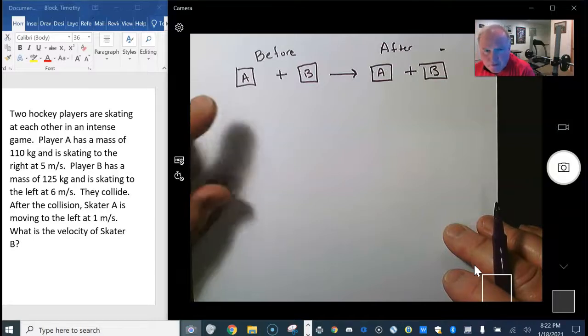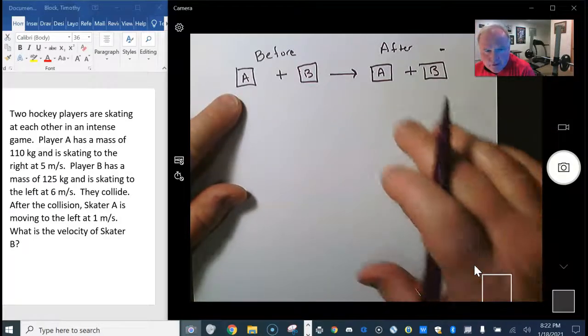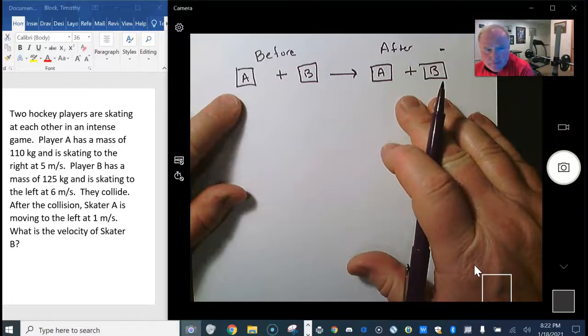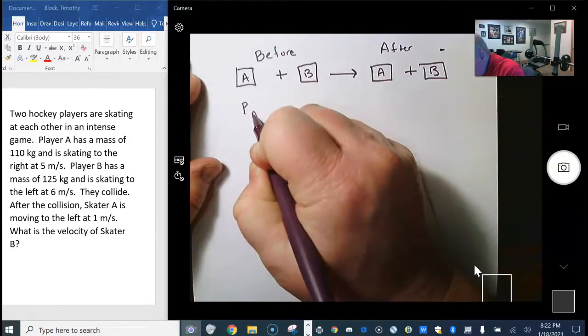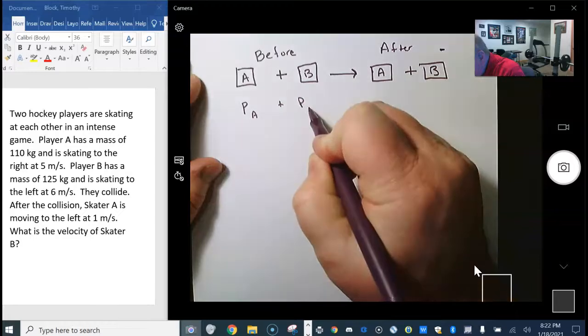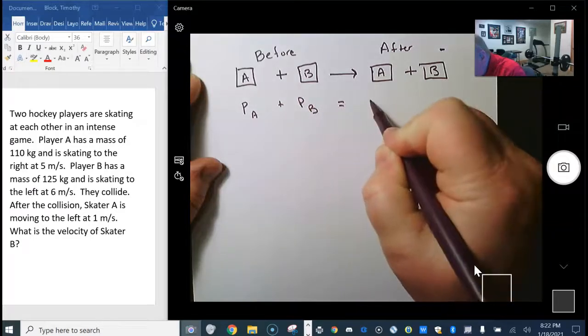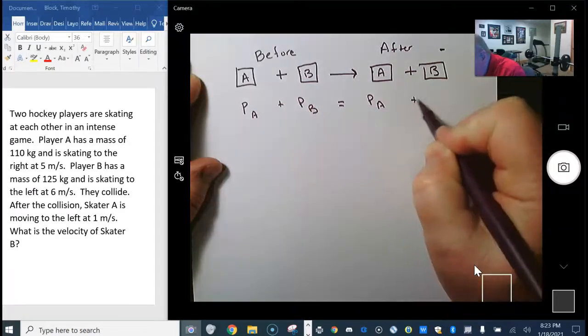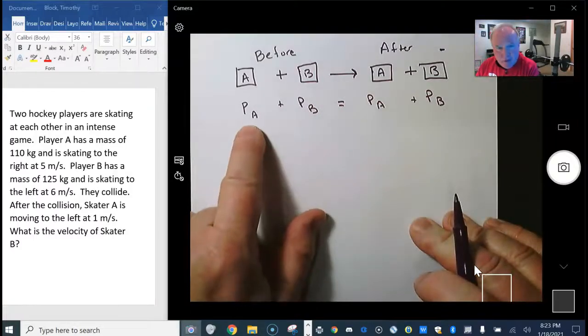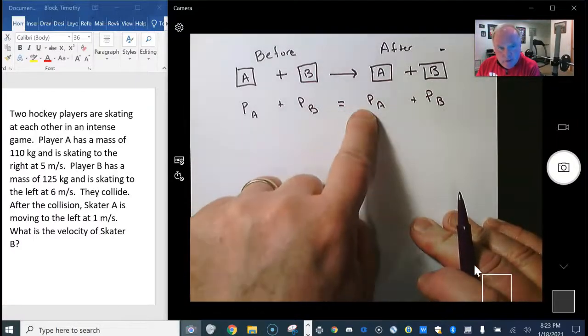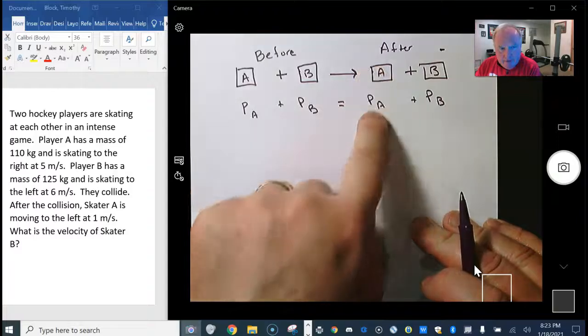And so if we add up all the momentums before the collision, they're going to equal all the momentums after. So if we were to write that down, we could just say that P of A plus P of B should equal P of A plus P of B. Okay, this is momentum before of A plus B equals the momentum of A after plus B.